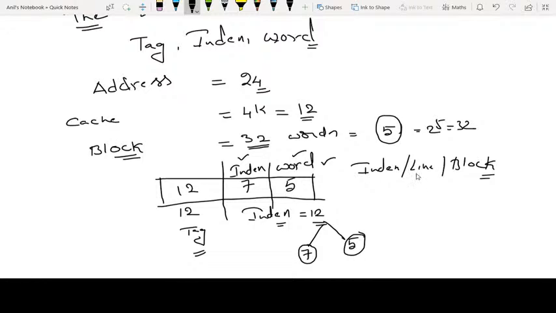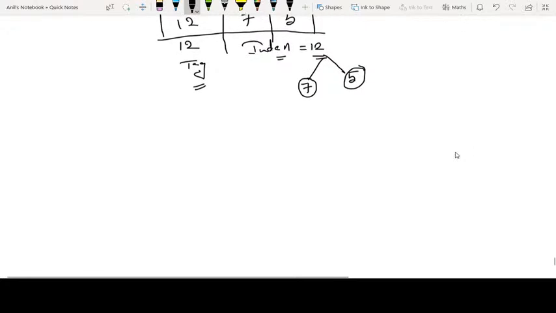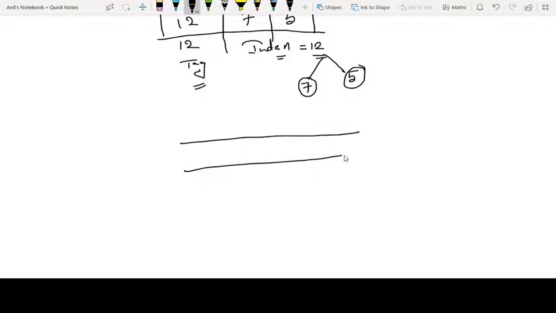Sometimes you will be given a question that gives the cache size, says it is either direct mapped or set associative mapped, gives the number of digits that a CPU uses, and gives the block size. Every time what you have to do is very simple. First of all, draw a block diagram for the total number of address digits.